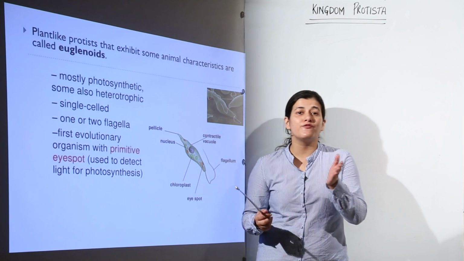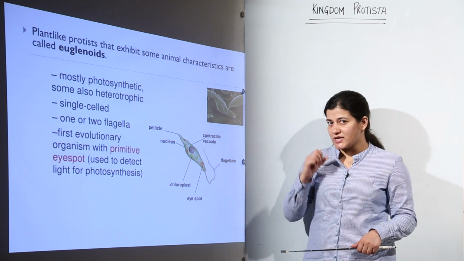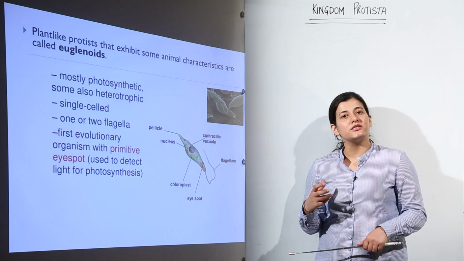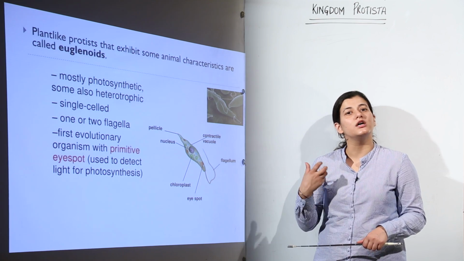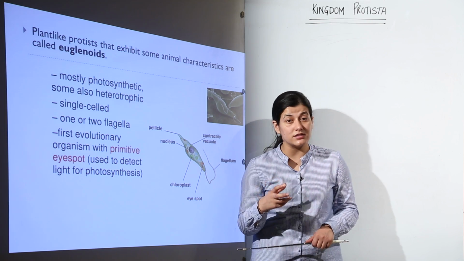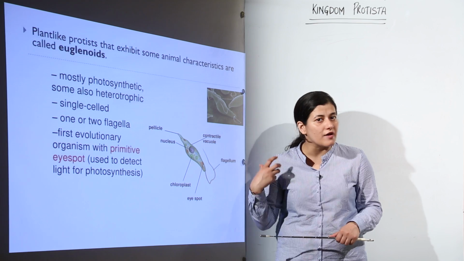That means they have both autotrophic and heterotrophic modes of nutrition, as we saw in the diagram that they were having a chloroplast inside their body. The chloroplast is responsible for photosynthesis, and you might be surprised to know that the pigments present inside the chloroplast are very much similar to those of higher plants.